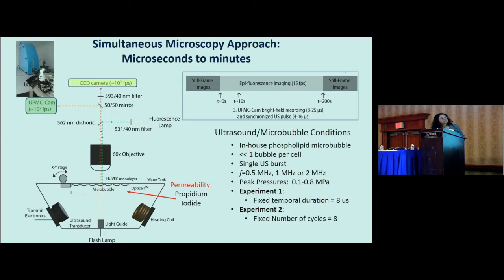We use 0.5 megahertz, 1 megahertz, 2 megahertz frequencies. We deliver a single ultrasound burst. And during that time, we can image the microbubble oscillating, and then we have the fluorescence imaging at a slower frame rate to look at what's going on with the propidium iodide.